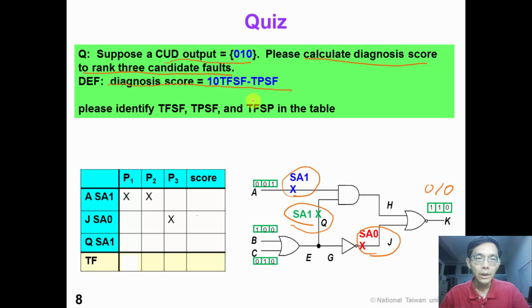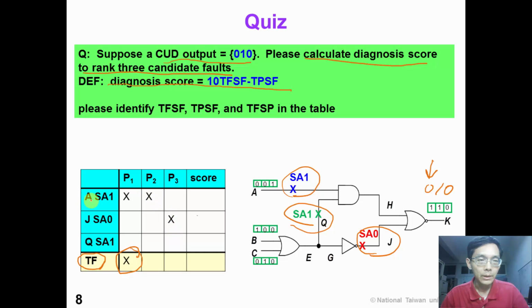Okay, have you finished? First, let's determine what is our test failure for this particular CUT. Because this CUT failed the first pattern, so we have 1 X in the first pattern.